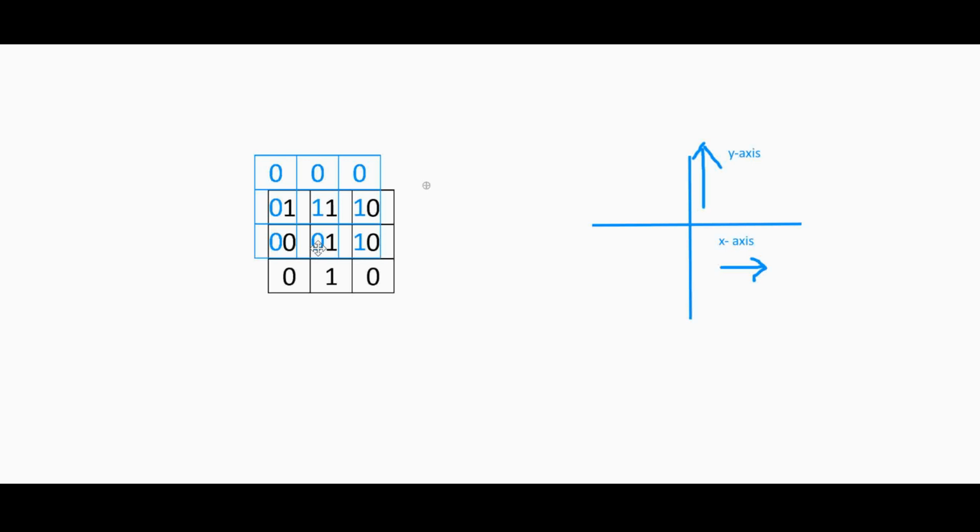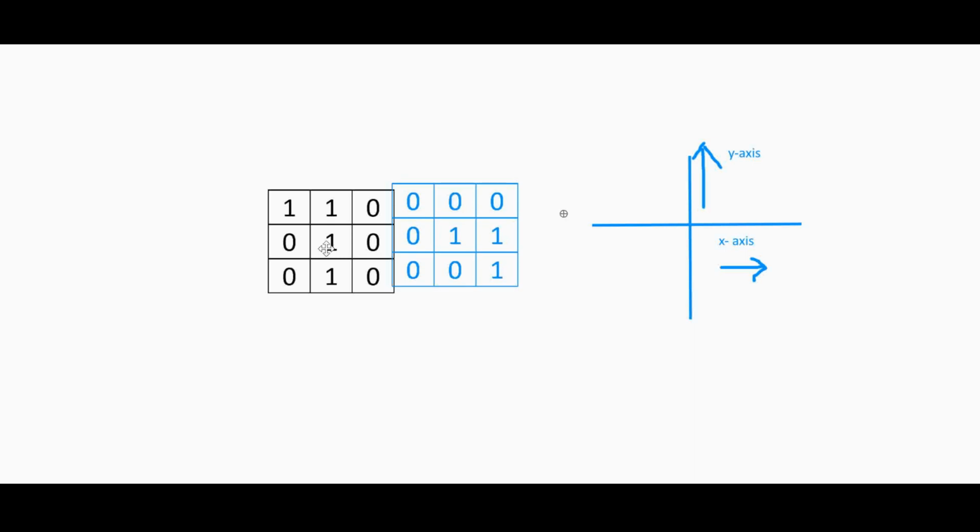It's similar to moving the blue matrix up. The reason why I'm showing this is because earlier with the blue matrix, we moved it down and then to the right. Now instead of again moving the blue matrix up and then right, we can do the same operation with the black matrix. So when you are doing the for loop, we can first do one move down and then right for the blue matrix, and then we'll do the same operation for the black matrix. I'll show that during the code.